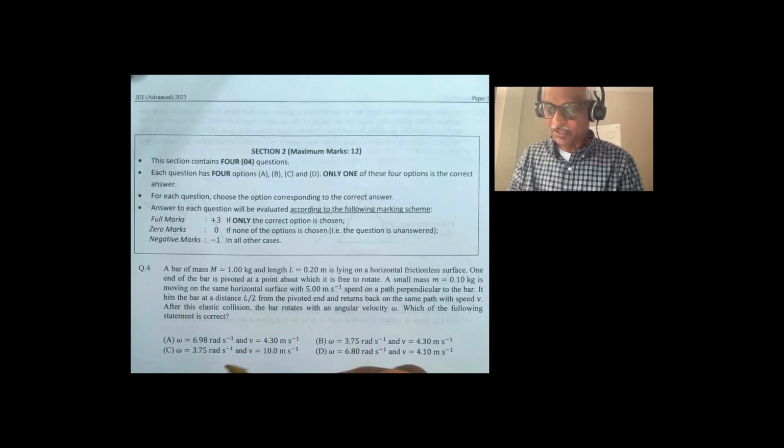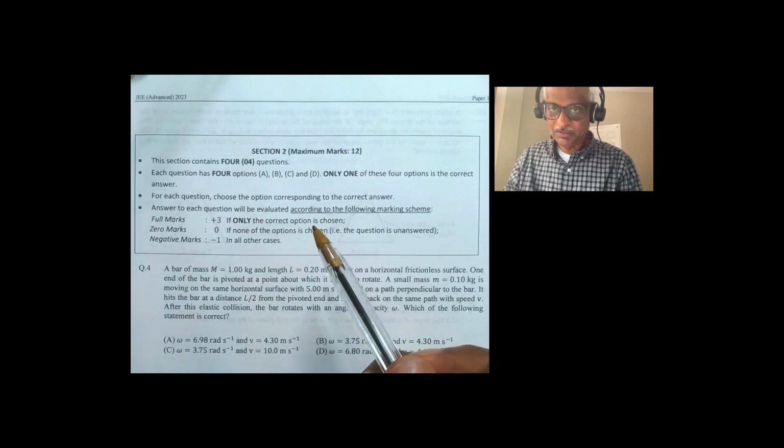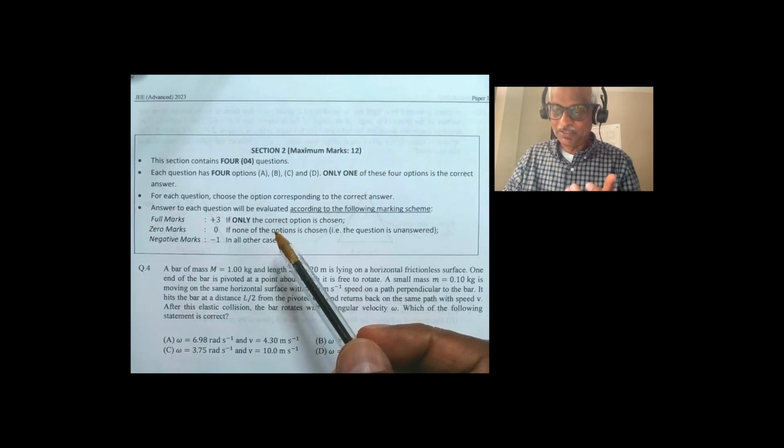This is much better than section 1, where you had 4 choices, and any of them could be right, and if by whatever mistake you chose a wrong answer, you got a negative mark of -2.